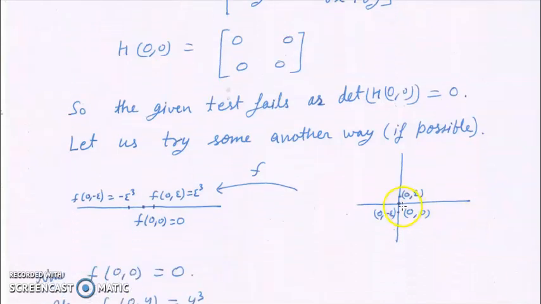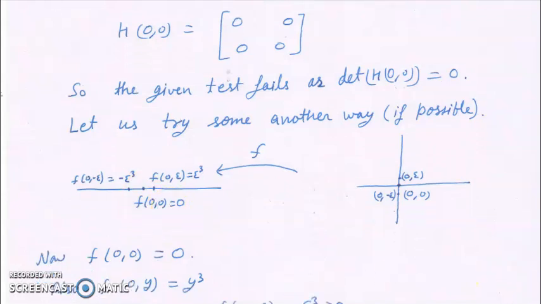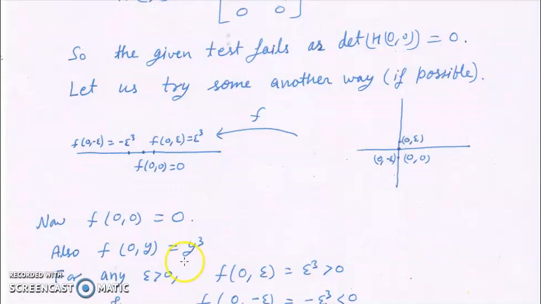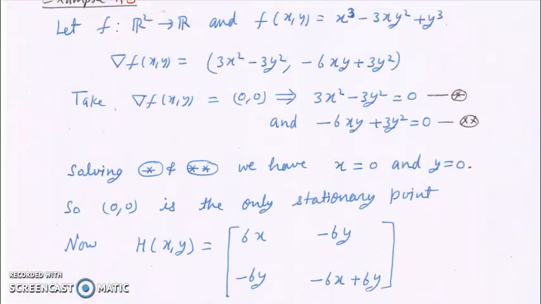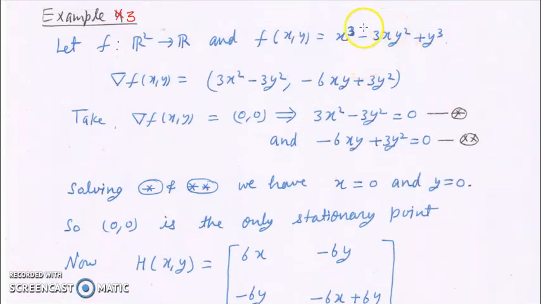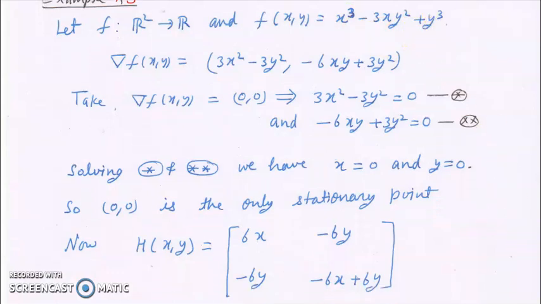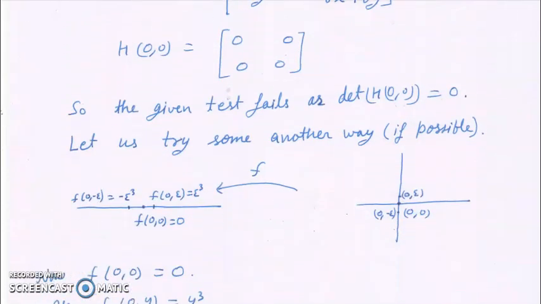So this is the point 0 0, and suppose this is the function, mapping it somewhere. F of 0 0 is 0. Now if we determine f of 0 y, it means we put x equal to 0 in the given function. Then it is y cube.